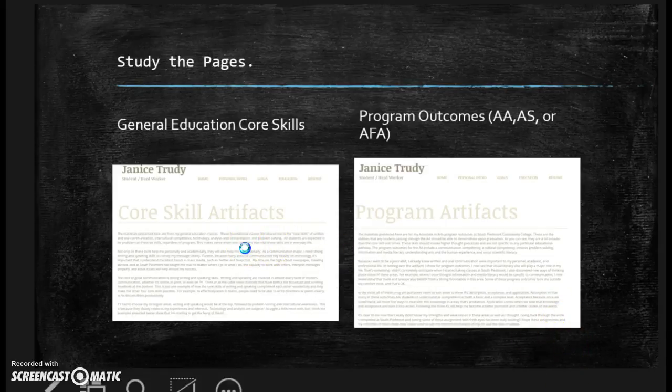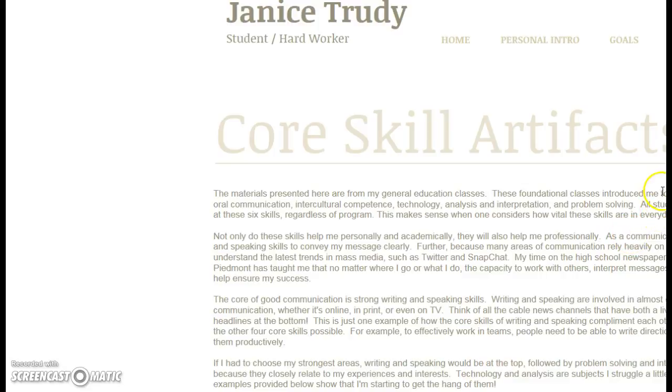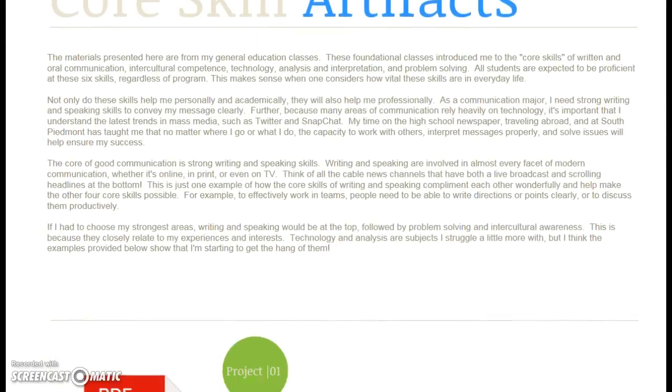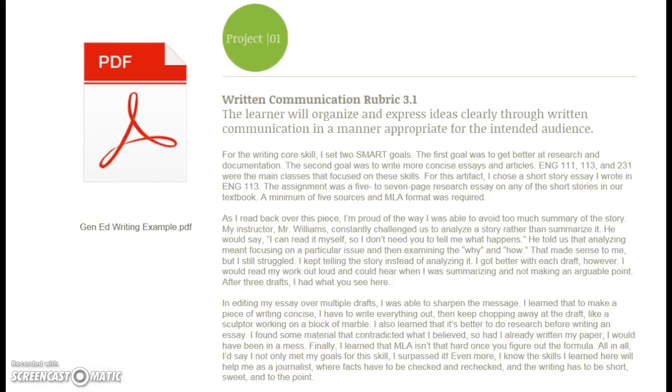Okay, the first thing that I would point out with the core skill artifacts is that they both have the same format. This first part is the introduction, and then what we're looking at right here is a complete reflection.